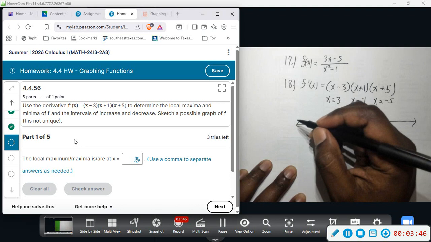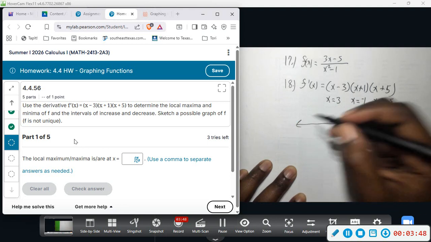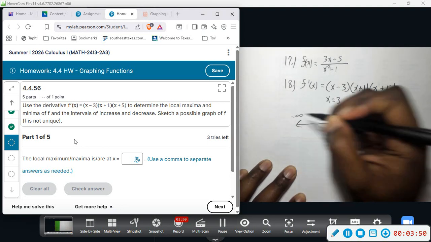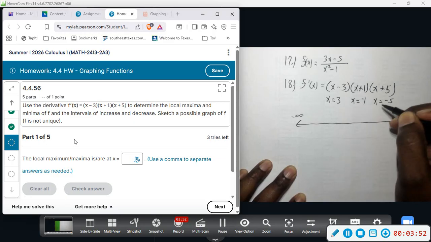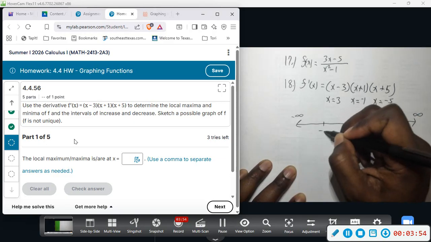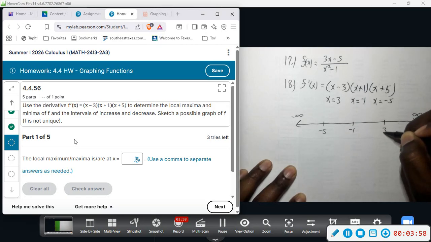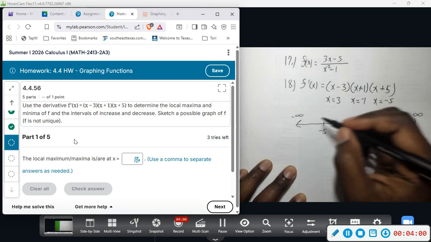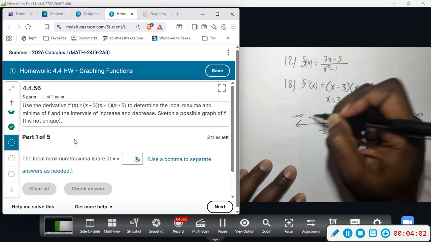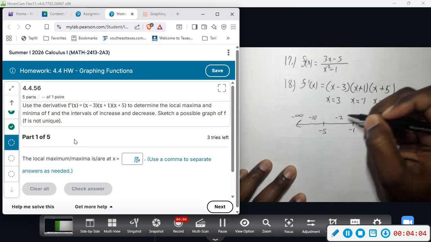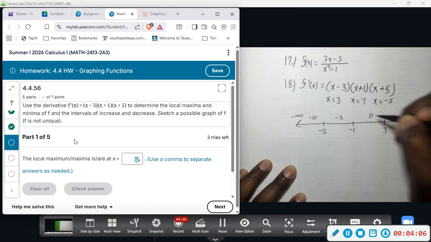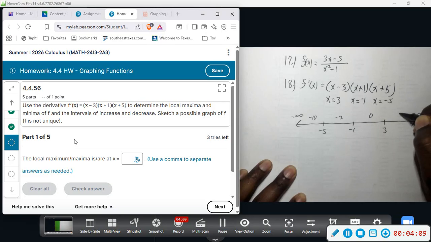It doesn't say anything about any restrictions. So -5, -1, and 3. We're going to test -10, -2, 0, and 5.